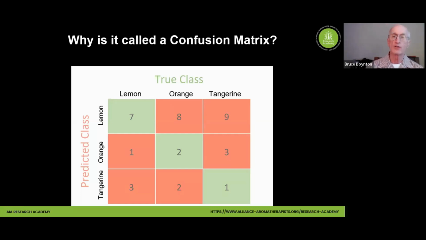The other way that you can get confused is to have these labels in the wrong place. So I always put true class, what it really is, at the top, and predicted class on the left-hand side, although you will see it other ways. Either way is right, but if you get confused and put it wrong, everything will be screwed up. So that's why I always put true class at the top.